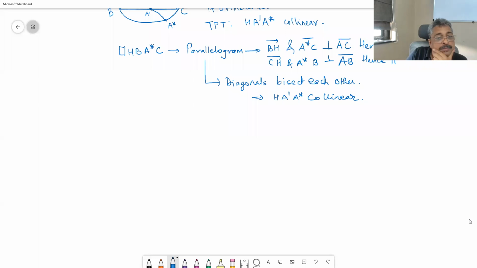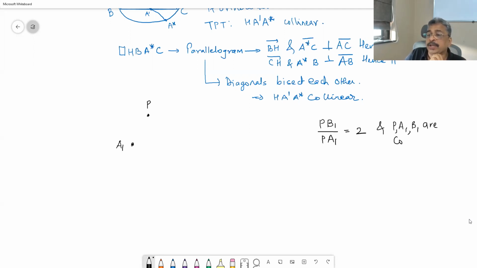Now, if I have a point here, A1, and if I have a point here, P, and if I say the ratio PB1 upon PA1 is equal to 2, and P, A1, B1 are collinear.